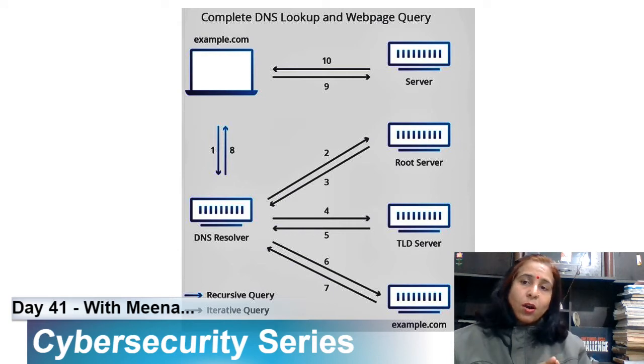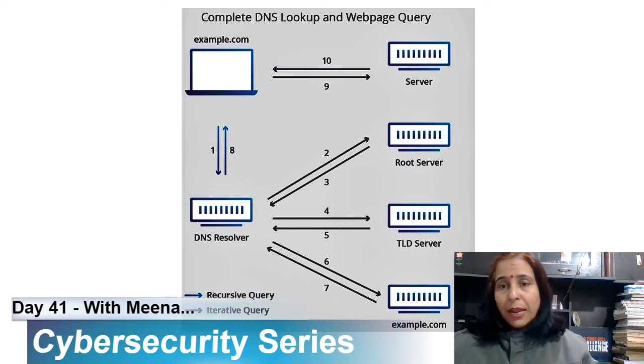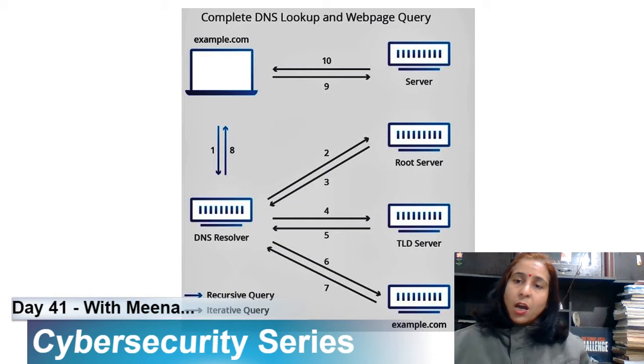The DNS resolver asks the root server, do you know the IP address for example.com? And the root server says, no, I don't know, but I know the IP address of the top level domain server which can help you find the IP address of example.com.